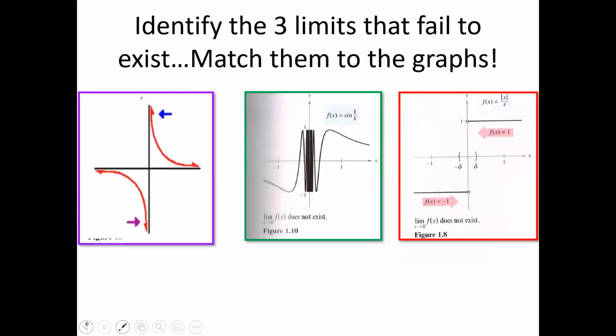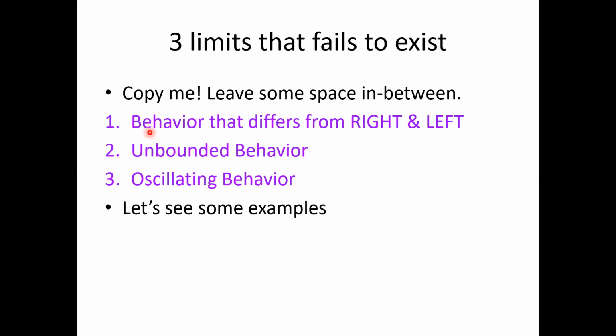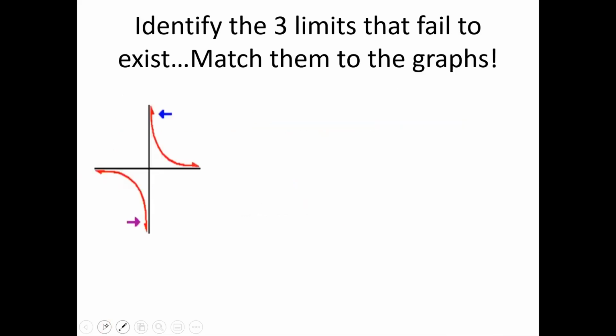From before, I can see that as I am approaching from the left side, my limit goes to negative infinity. As I'm approaching the limit from the right side to 0, it goes to positive infinity. So with this one, out of the three that we went over, it is a behavior that differs from right to left.